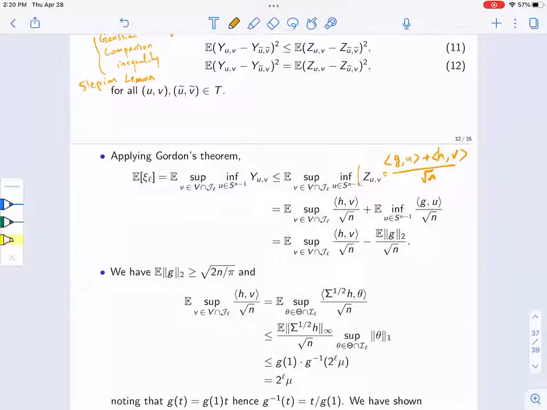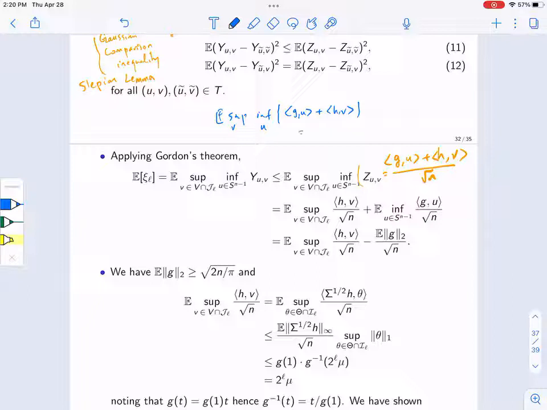So what I'm doing here is, you have expectation sup over v inf over u. Let's say forget about the root and I have G u plus H v, right?